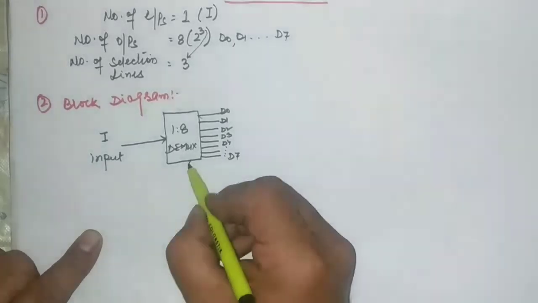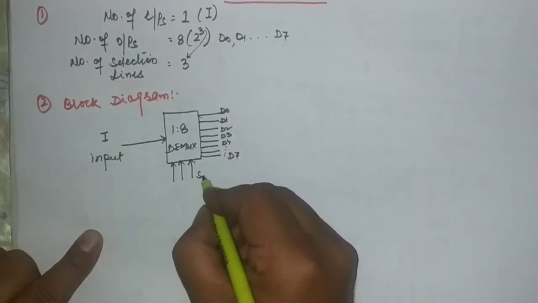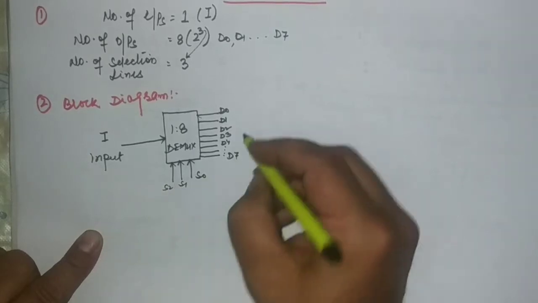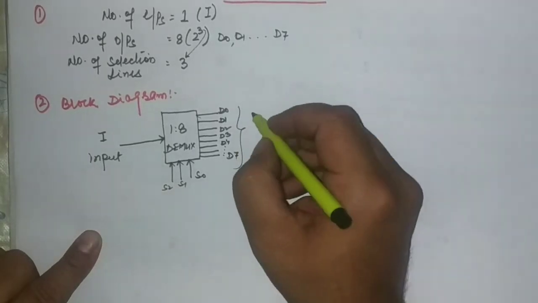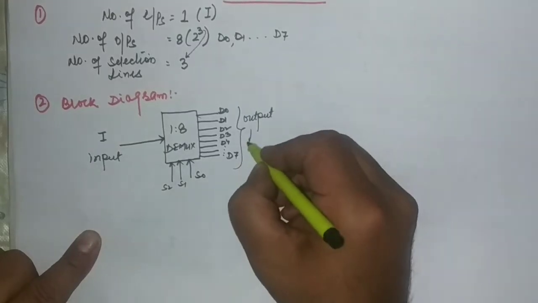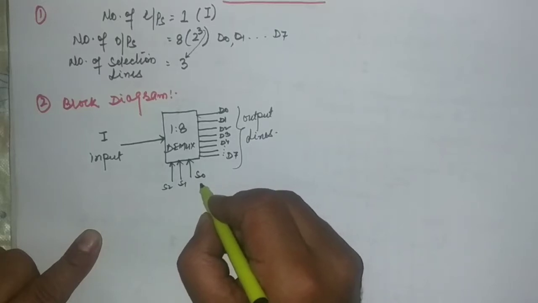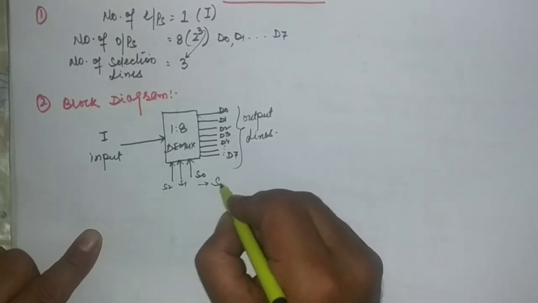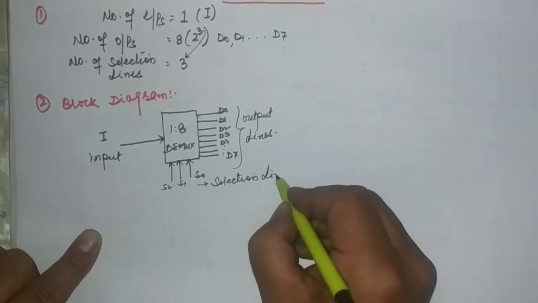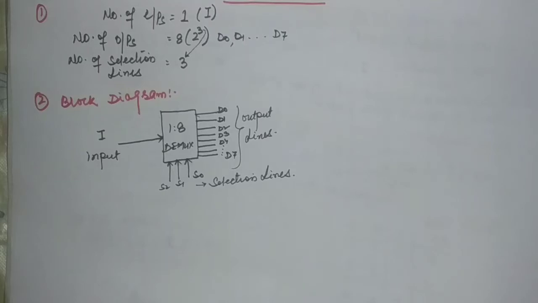And how many selection lines? 3, so S0, S1, S2. These are the output lines, and these are the selection lines. So this is the block diagram.